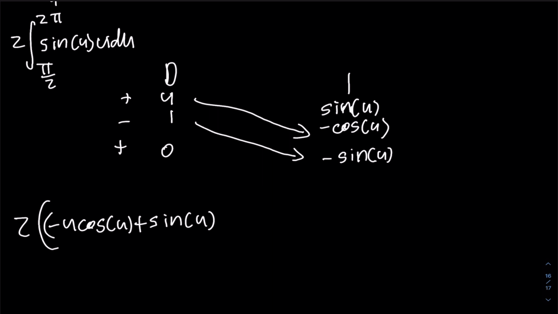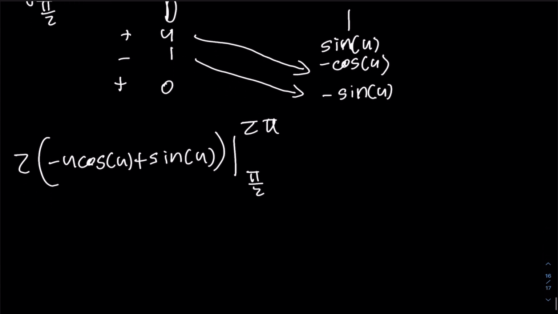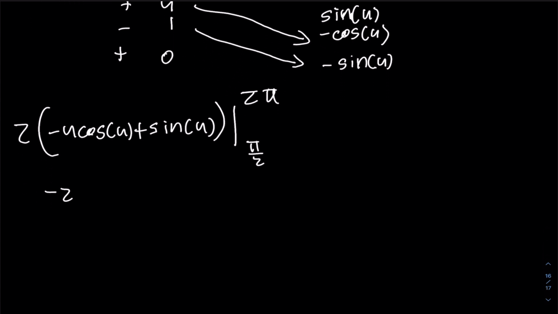Let's first distribute the 2. This is being evaluated from pi over 2 to 2 pi. Now what we have is negative 2u cosine of u plus 2 sine of u from pi over 2 to 2 pi.